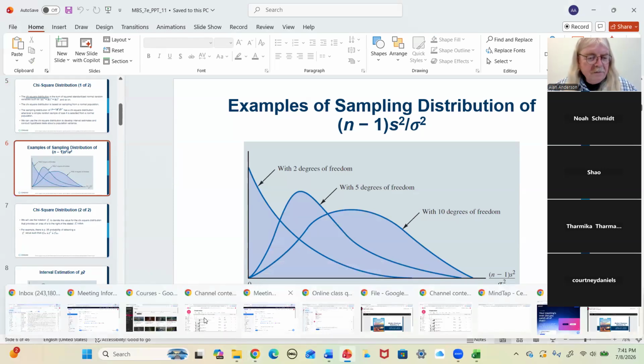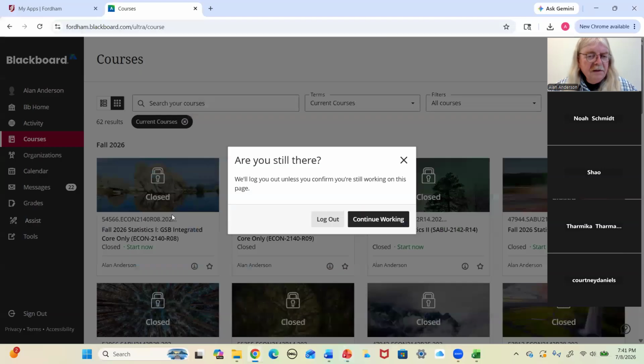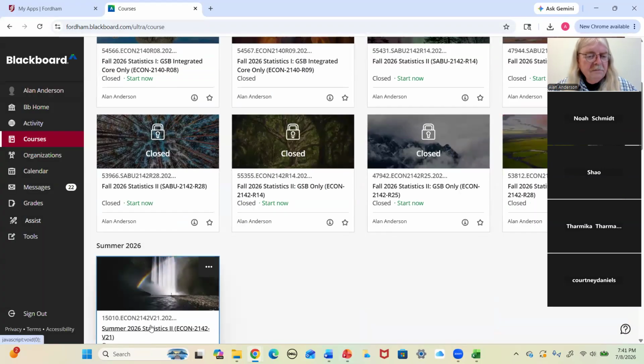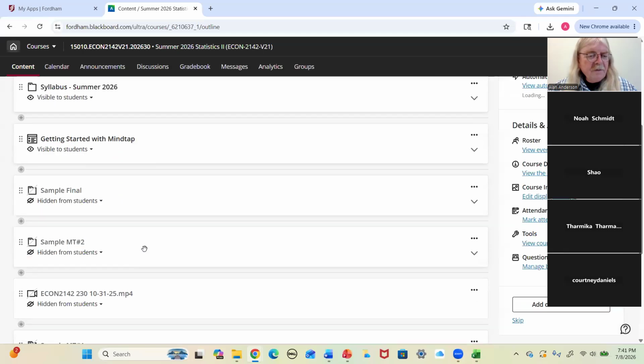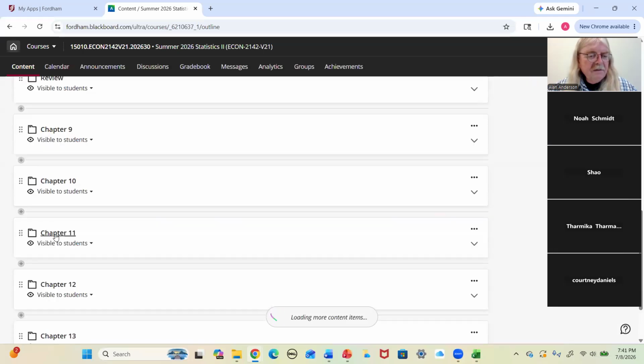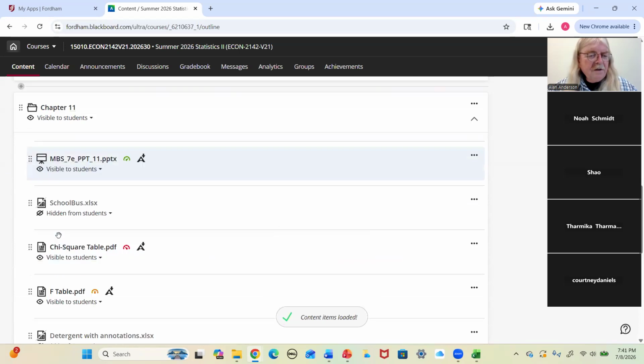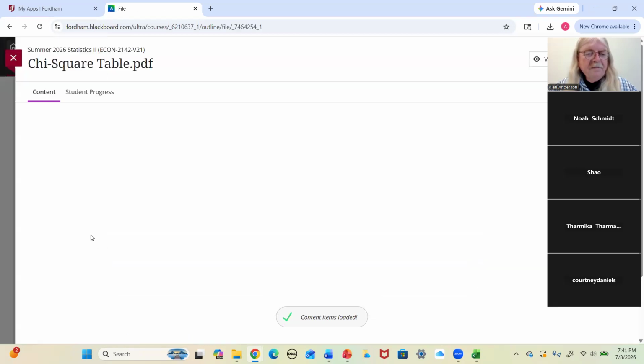It's hiding out in Blackboard. In chapter 11, you'll see it here. It's called, well, what do you know? Chi-square table.